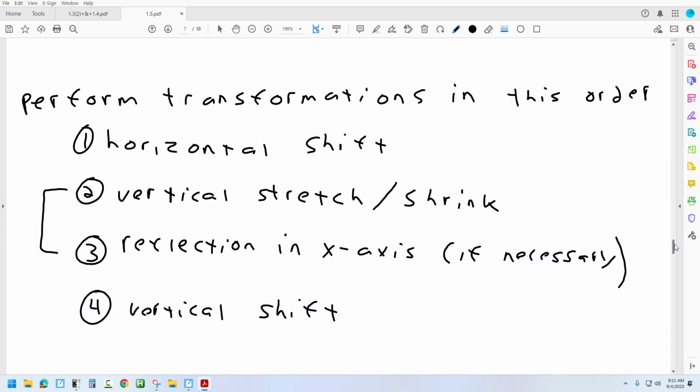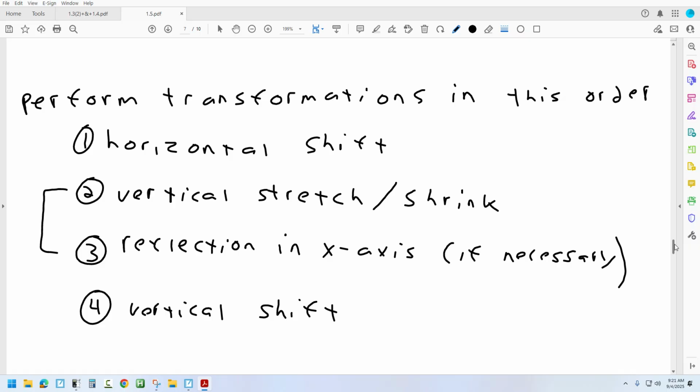So here is the order that we want to write down our transformations in. In general, we always do the horizontal transformations first. We're not talking about horizontal reflections in this lesson, so if we were, we could fill that in right in between steps 1 and 2.